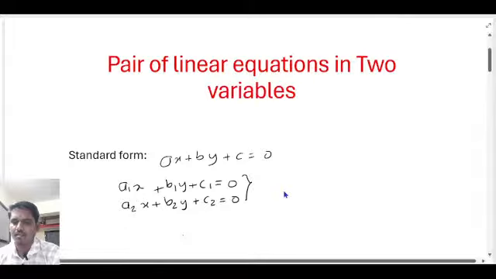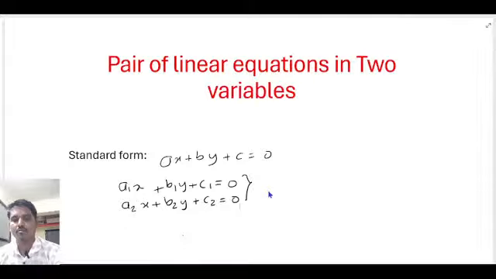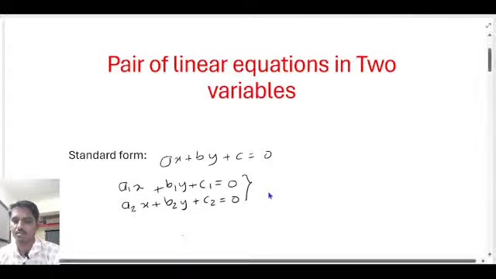So when there are two equations, we will have two straight lines, and that two straight lines in plane may be intersecting, parallel or coincident. So depending on that, the linear equations has unique solution, no solution, or infinitely many solutions. So let us see all the cases.